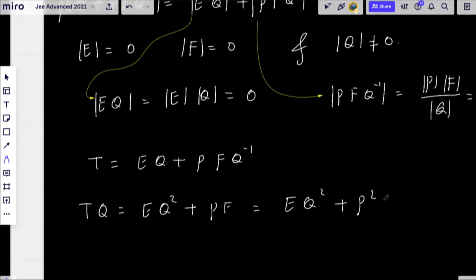We can write P square F, because this one is for I, that is PF, right?